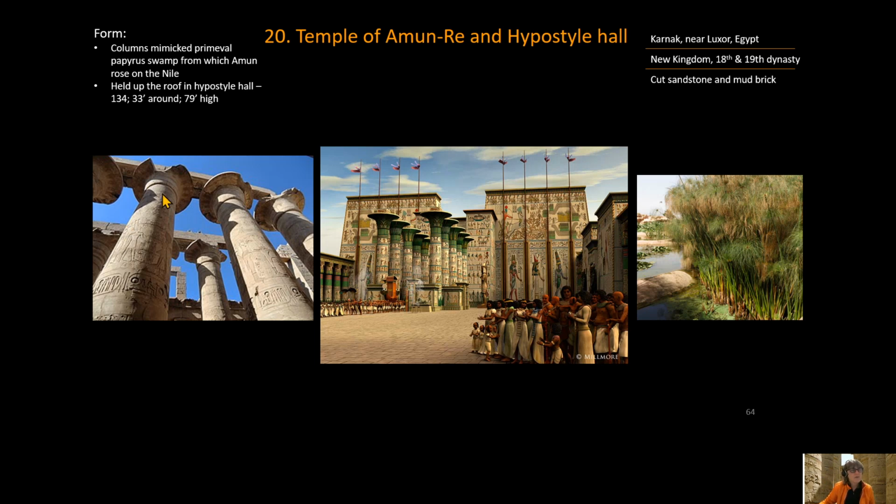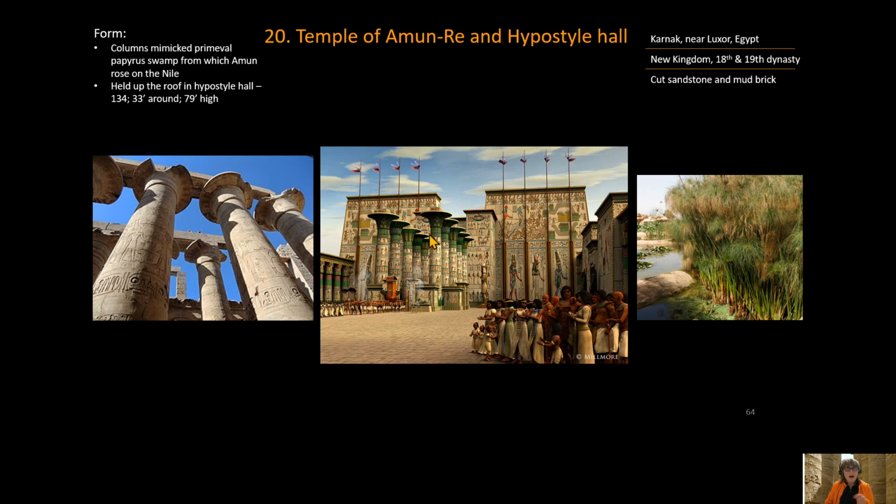This is the remnants of the roof that you see here. In the day when it was built, the whole top of these columns would be covered, and it would be super dark in there. And these columns, look, they're 33 feet around, huge, 79 feet tall.